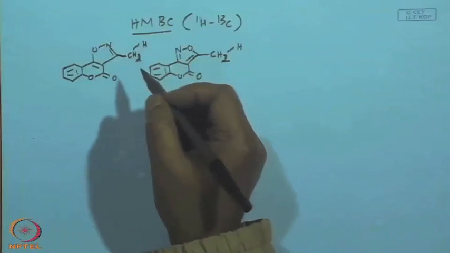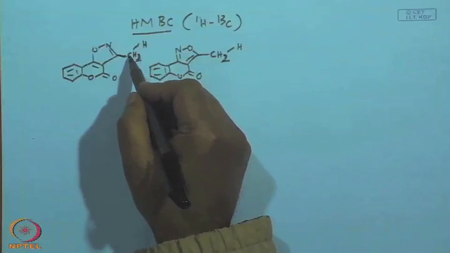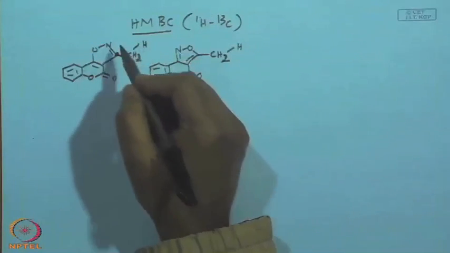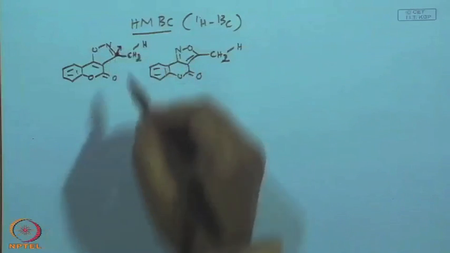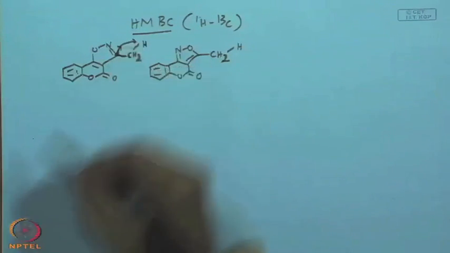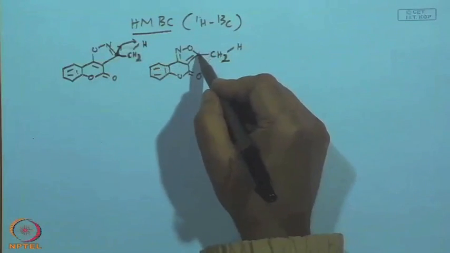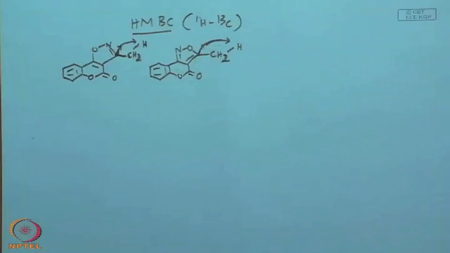So, that means this hydrogen would undergo coupling with this carbon. Similarly, this carbon would undergo coupling with this. So, in both the compounds you have that coupling, so you cannot really make out.